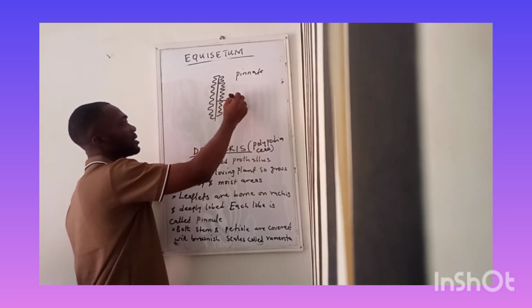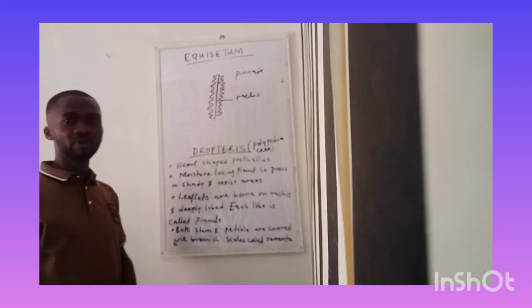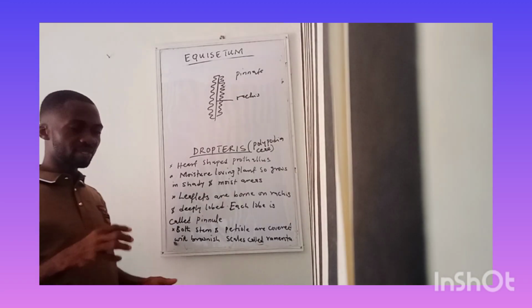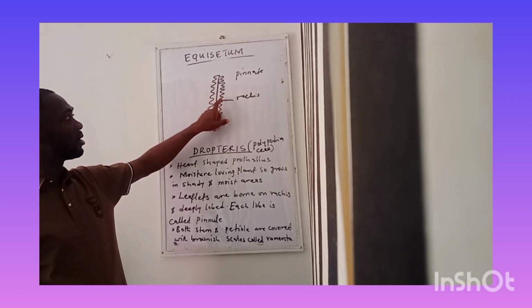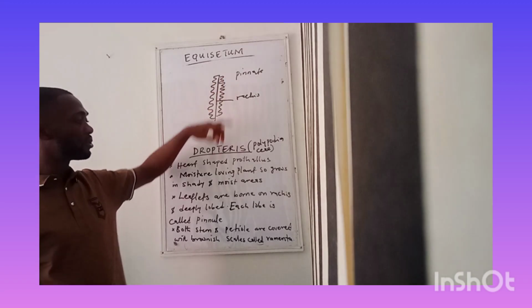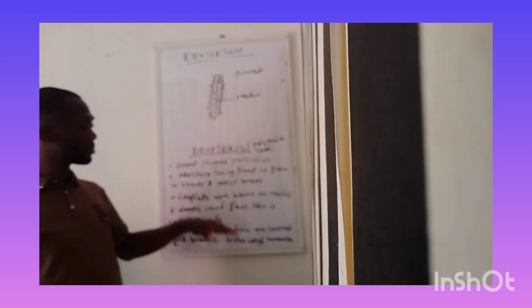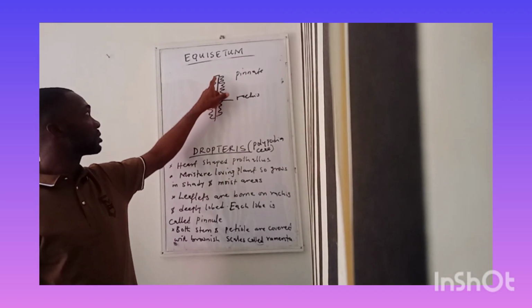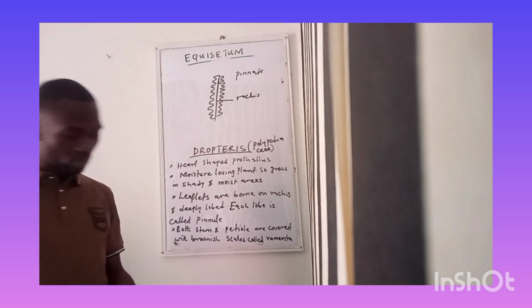This central mid-leaf or branch is said to be the rachis. The leaflets are borne on the rachis, and you can see that it has some cuts or depressions. That's why it is said to be deeply lobed, and each of these lobes is now called a pinnule.